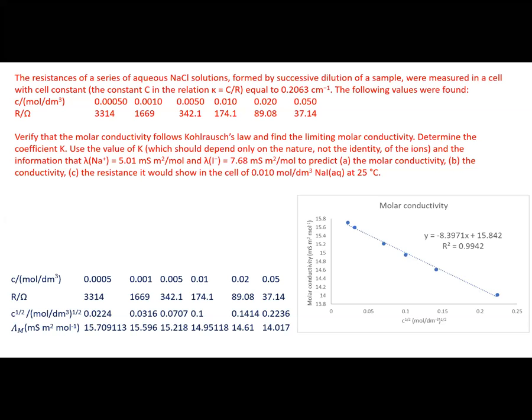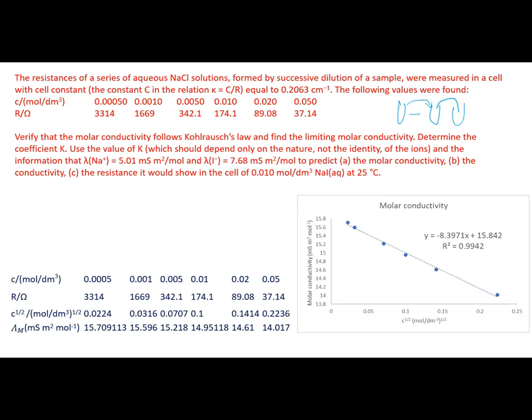Next question. This question is particularly long, so let's look at it part by part. The resistance of a series of aqueous sodium chloride solutions is given here. They are formed by successive dilution of a sample. So let's say that you take a highly concentrated solution, then you dilute it with water. Again, you take this and then dilute it with water so that you get different solutions of different concentrations.